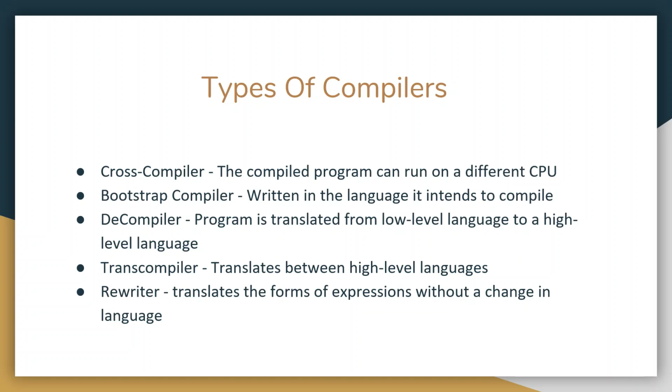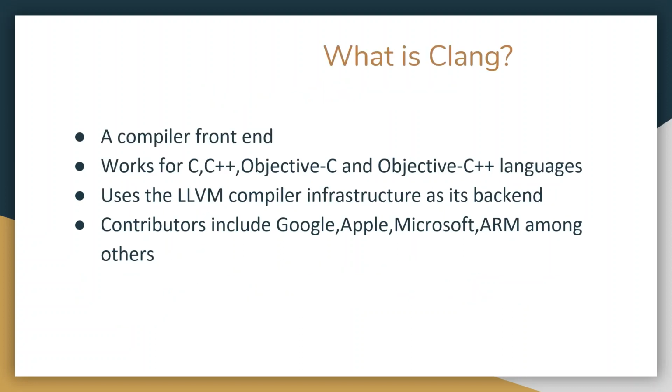A program that translates from a low-level language to a higher-level language is called a decompiler. A program that translates between high-level languages is usually called a source-to-source compiler or a transcompiler. A language rewriter is usually a program that translates a form of expressions without a change of language.